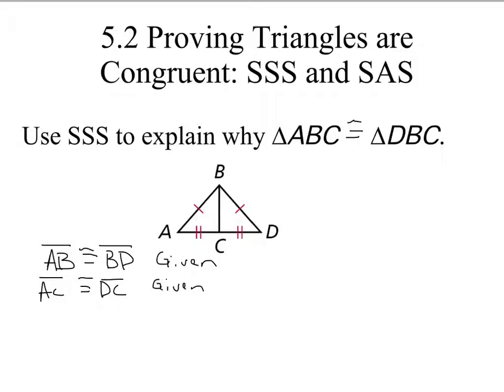So I have the congruent parts, or the corresponding parts, on the left, and I have my argument on the right. If you notice, this will form two columns. The other piece that I know is that BC is congruent to BC.